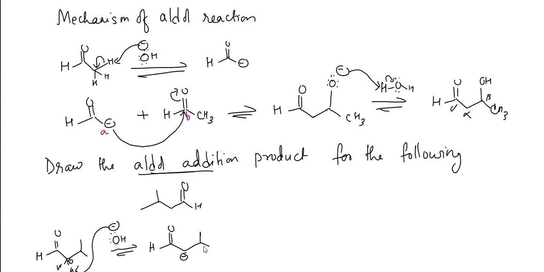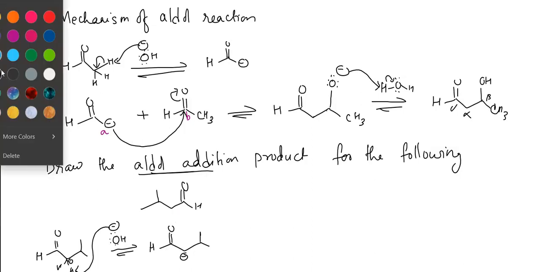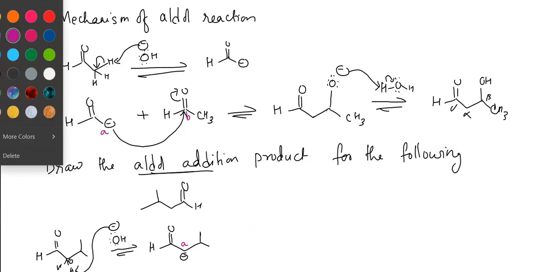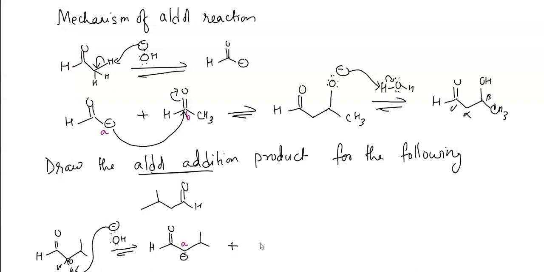Now remember, this enolate is going to attack the starting material. So it will be a good idea for us to label them. I'm going to call this A, and it is going to react with my starting material, this.